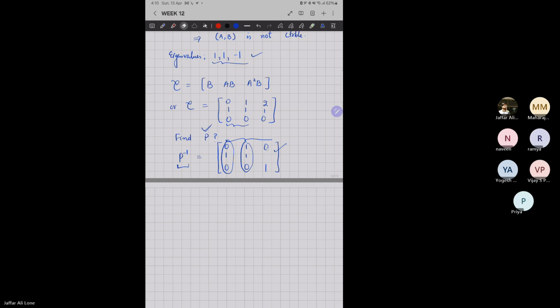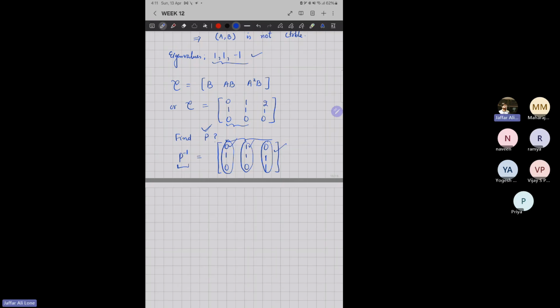So what would have been my second try? 0, 1, 1. Because again, 0, 1, 1 is not contained in any of these other columns. If you multiply this column with anything, can you get this column or this column? No, you cannot get it.